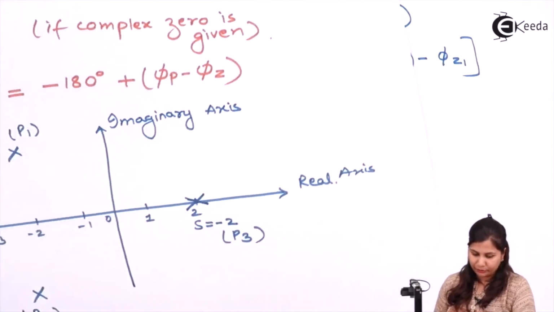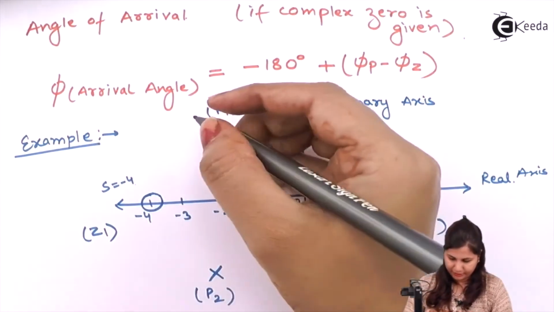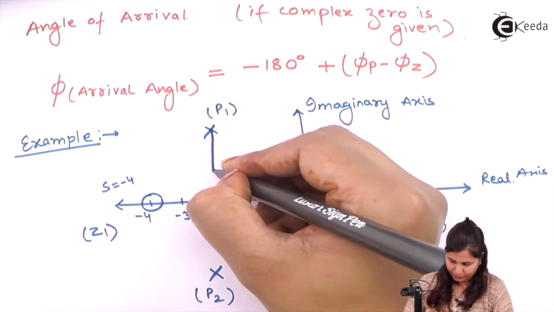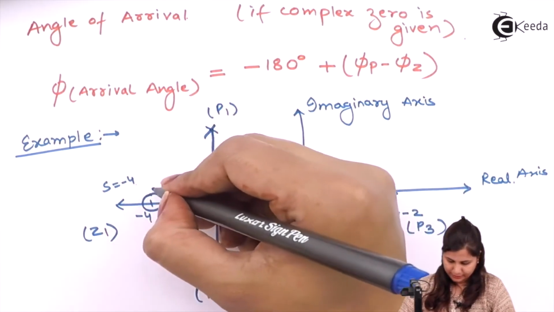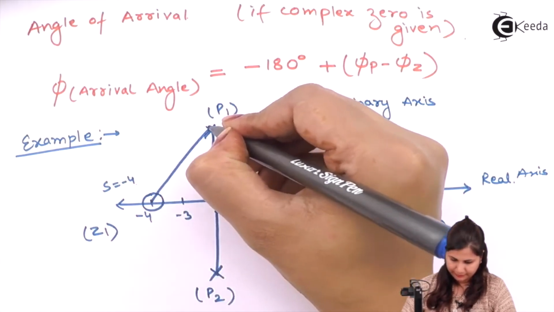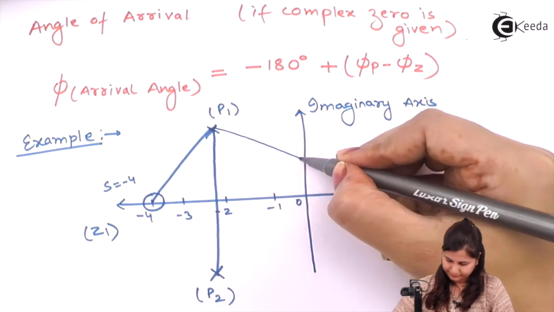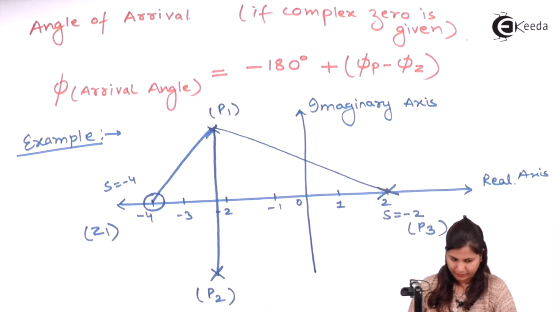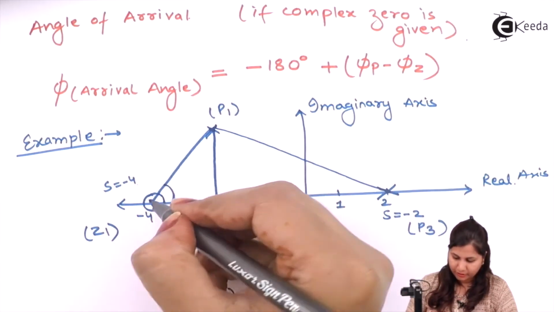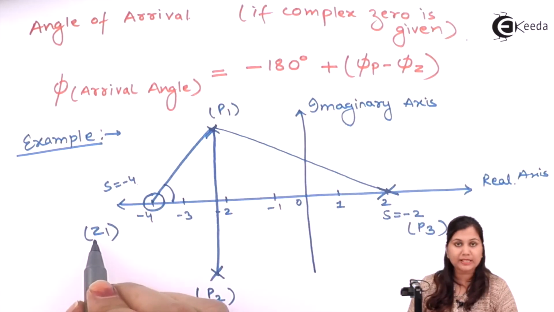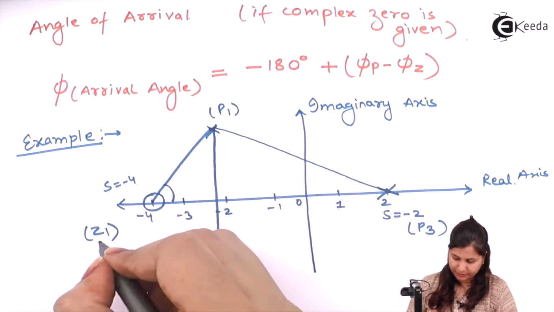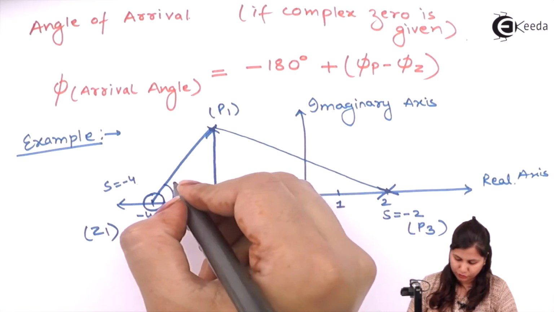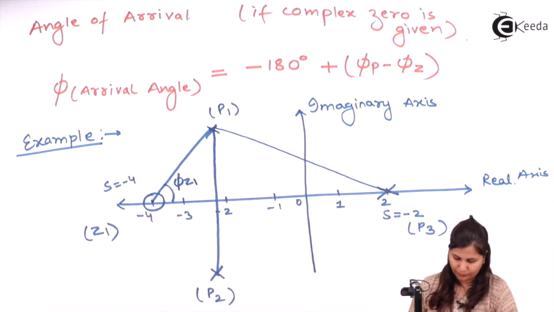Now how are we going to calculate it? Here, join these 2 points. Then this angle and this angle. This angle is the departure angle between this zero Z1 and this pole P1. This is the zero and this is the pole, so this will be phi Z1.